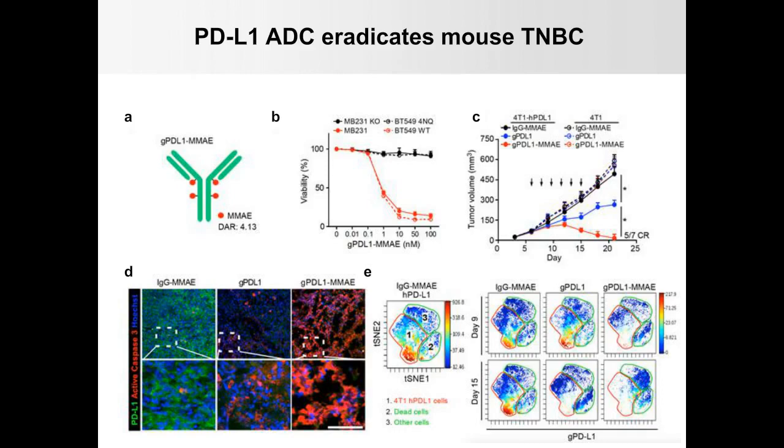We also looked at the tumor microenvironment, using fluorescence IHC staining to detect activated caspase 3 activity. In this case, the red color indicates the caspase 3 activity. When the mice were treated with the glycosylated MMAE antibody, we can see a dramatic caspase 3 activation in the tumor microarea.